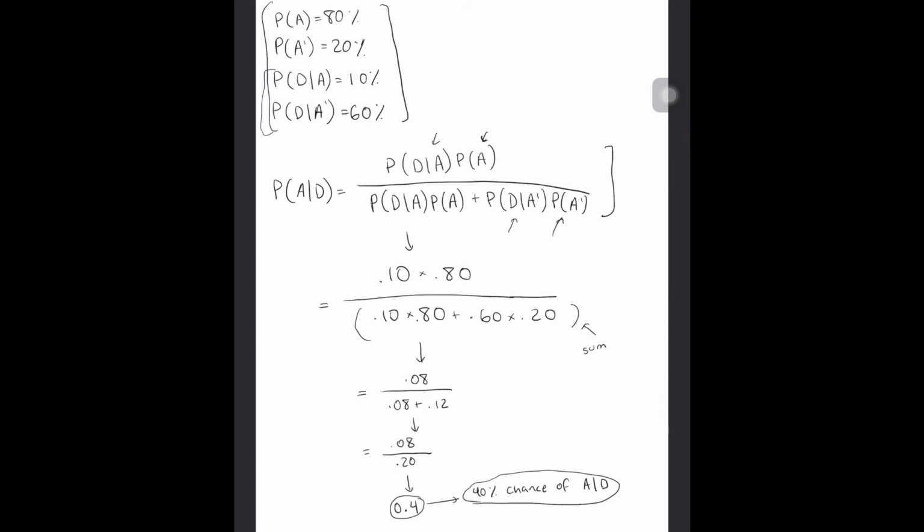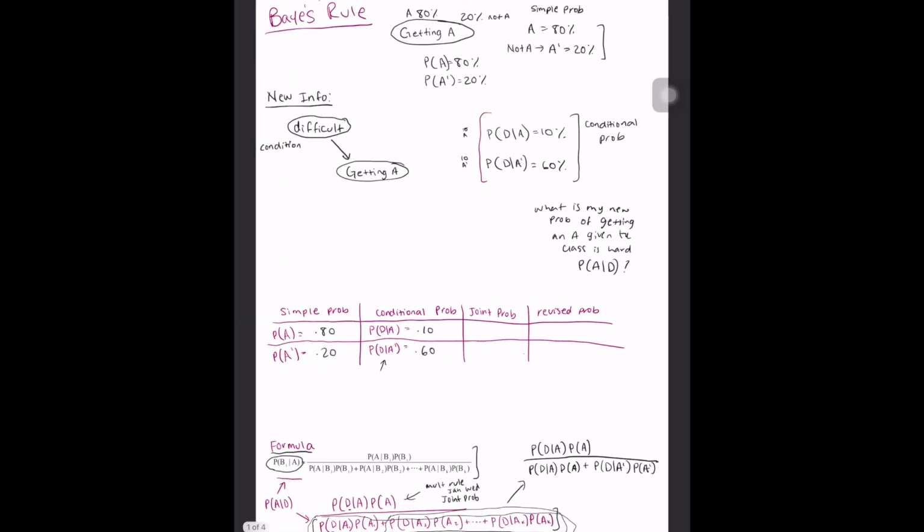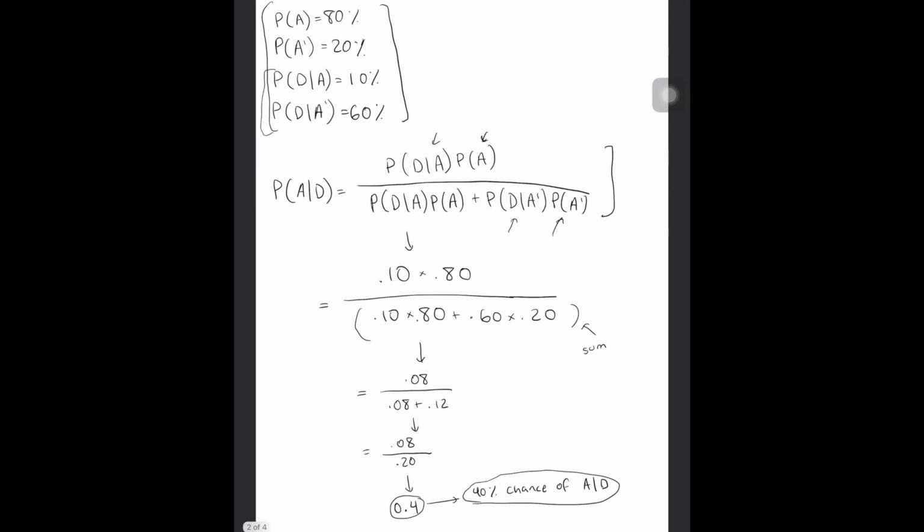Now one more thing, I want to connect this calculation to the joint probability that we see here. The joint probability is just the probability of both the conditional and the simple multiplied together. So it'd be 0.8 times 0.1. And remember, we see this in the numerator. And that equals, it's right here, 0.08.